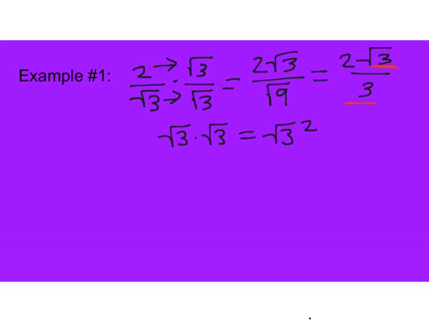I mentioned in the notes prior that the square root and the squared are inverse operations of each other and cancel each other out. So we're left with just 3, and again, the root and the exponent cancel each other out.